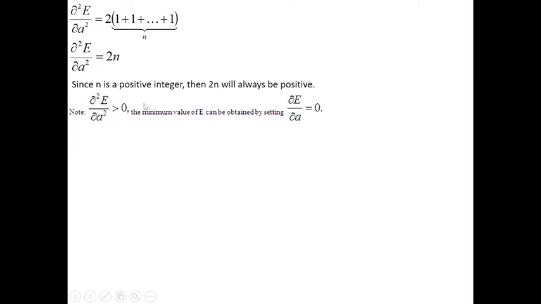This is true if the second derivative of e with respect to a is greater than 0. Pag greater than 0, e is minimum. Pag less than 0, e is maximum. Okay? So, sabihin niyan, delta squared e over delta a squared is positive. Kasi ano siya 2n, diba? So, kasi yan ay 2n. 2n is greater than 0. Therefore, e is minimum.